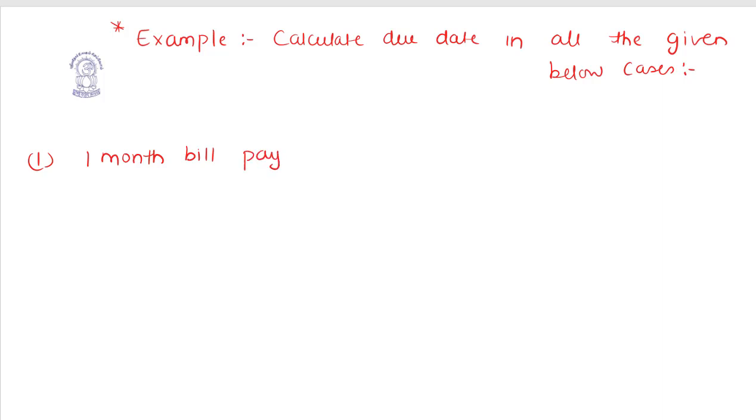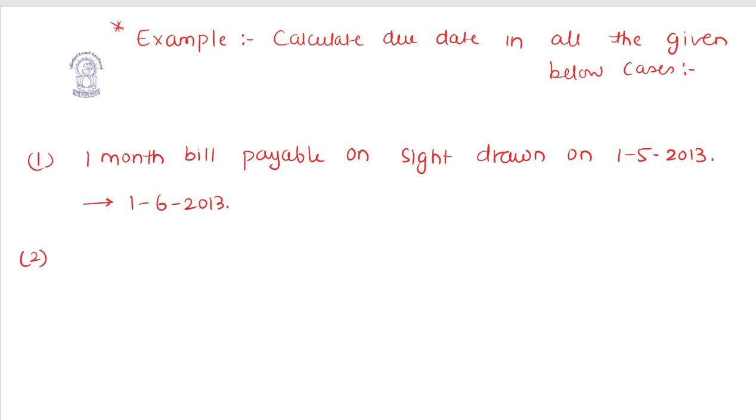A 1 month bill payable on sight drawn on 1st May 2013. Since it is payable on sight, 3 days of grace is not added over here. The answer is 1st June 2013.